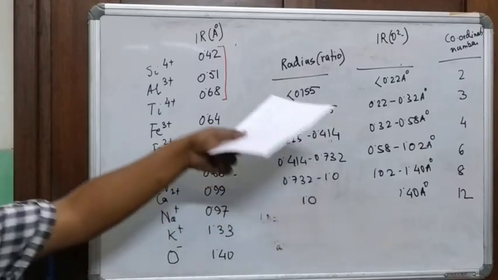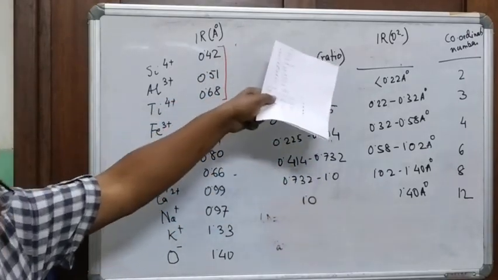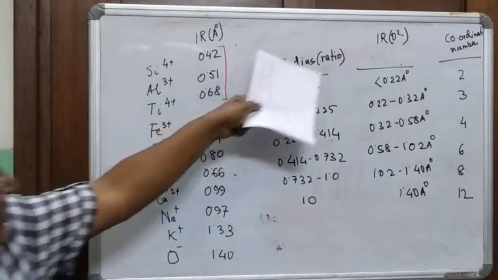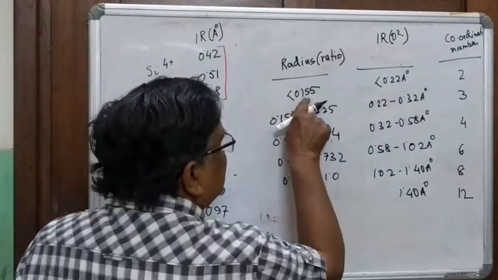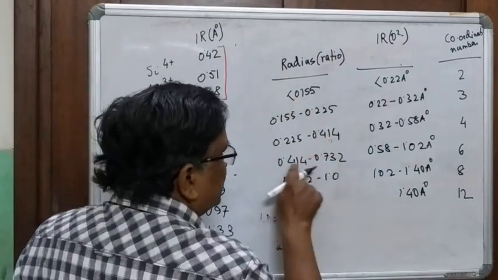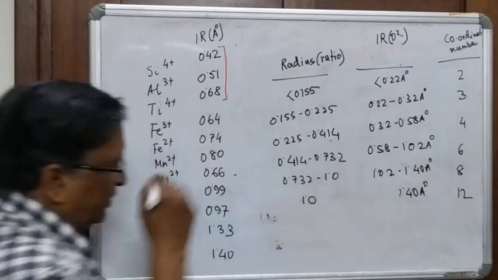So these are the ionic radii if the coordinating anion is oxygen. That means this value is multiplied into 1.4. All values are multiplied into 1.4.